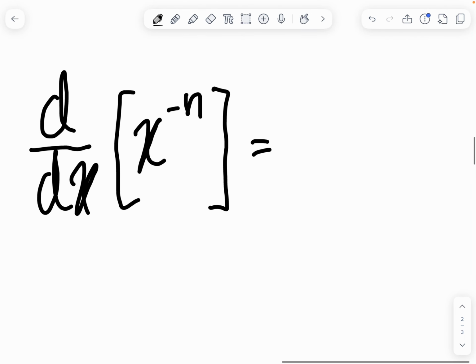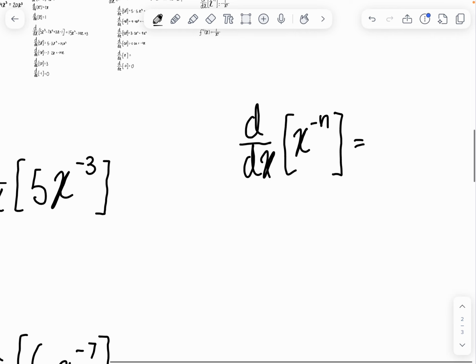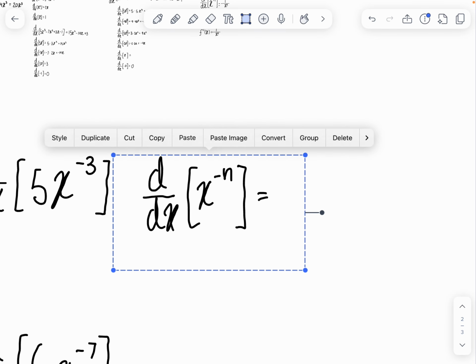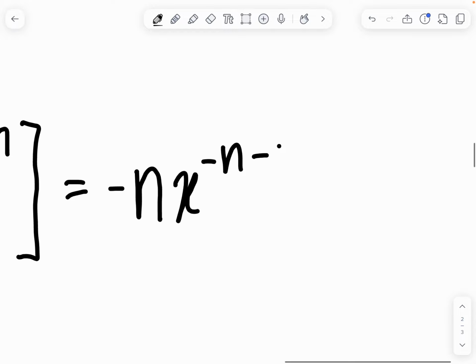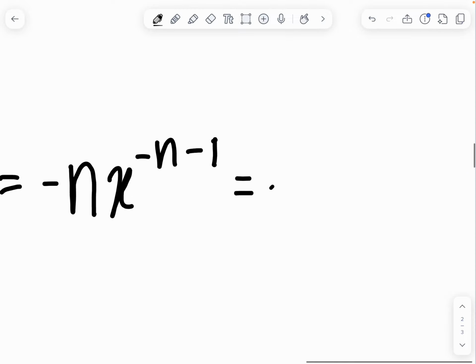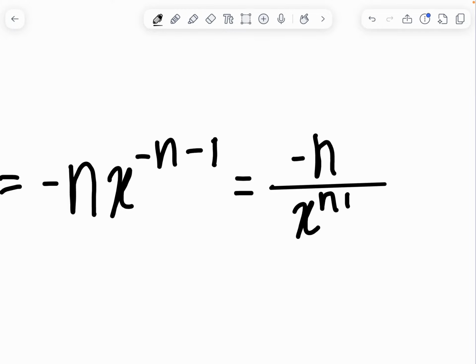There are two parts to it. This equals negative n times x to the power of negative n minus 1, and in the end, it should simplify to negative n over x to the power of n plus 1.